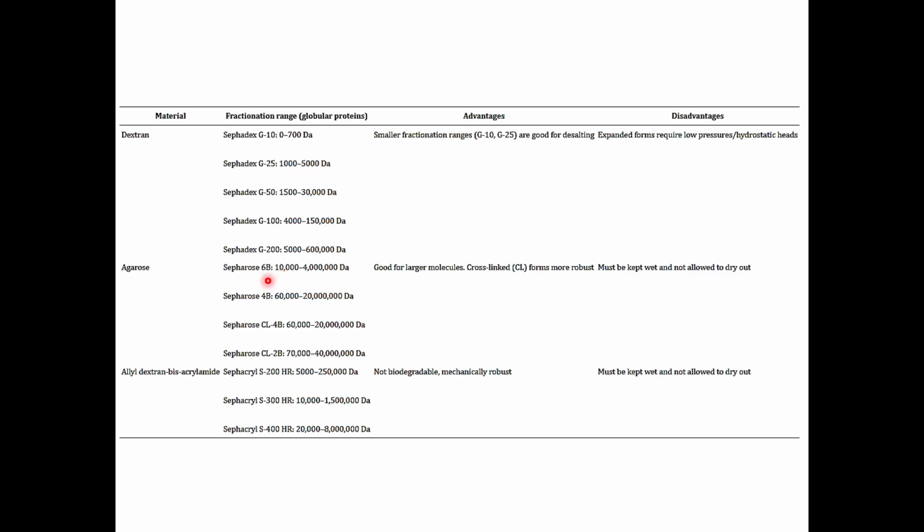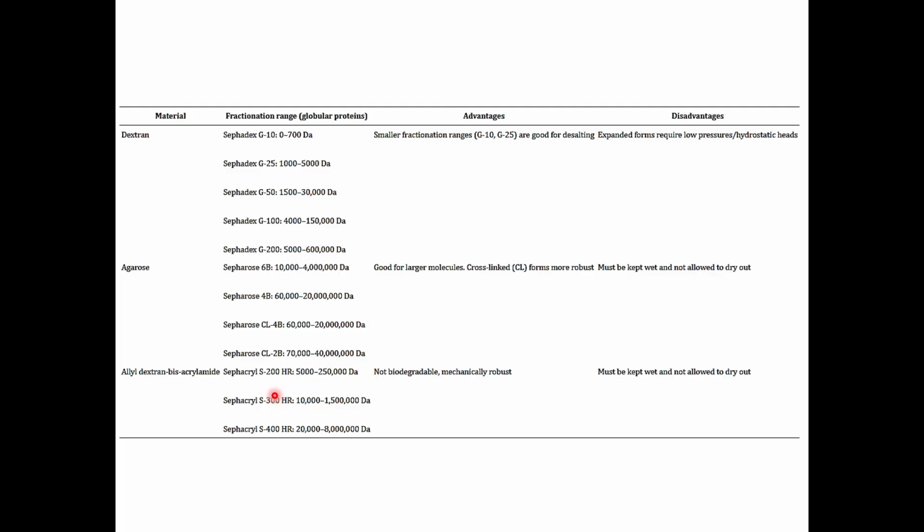Then you have Sepharose, here you have names like 6B, 4B, CL-4B, CL-2B, etc. These are their particular ranges where you can separate your proteins.